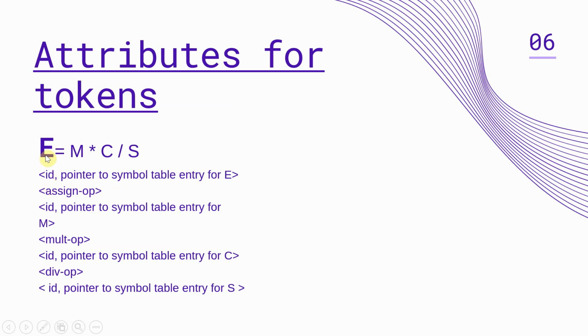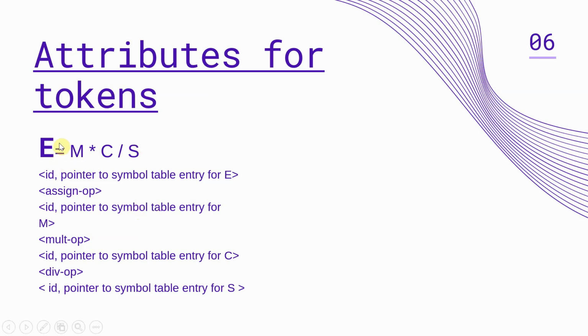Since E is an identifier, its token will be identifier comma pointer to symbol table entry for E. Now when E is encountered, it is stored. If E is encountered somewhere down in your code, you will have to check the symbol table entry. If the entry for E is already present, there is no need to store information about that symbol again. That's why we need this pointer.